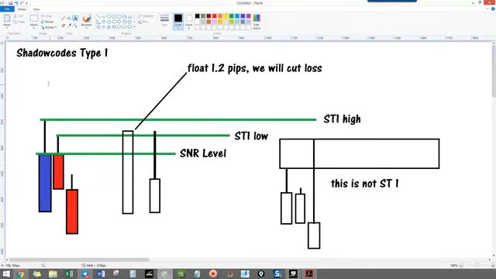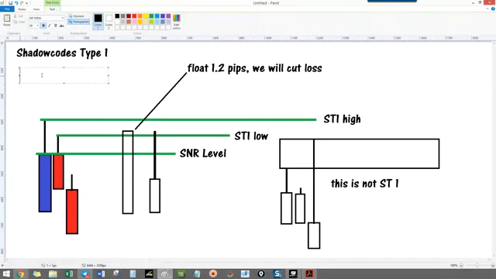For every entry using Shadowcode type 1, the cut loss range is 1 to 3 pips, or 1 to 2 pips. A very, very small risk and reward. Cut loss range is 1 to 2 pips.